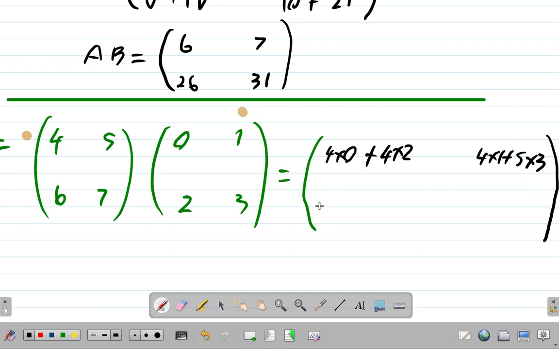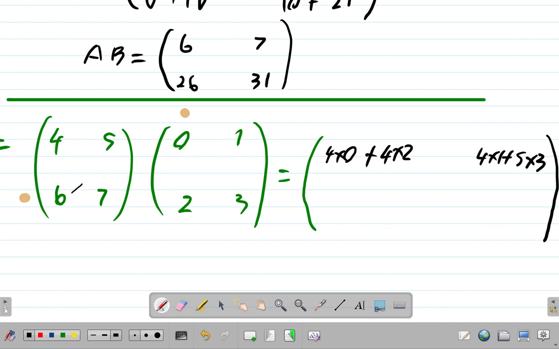Then, here, this is row 2, column 1. We will have row 2 multiplied by column 1. So it's this row times this column. 6 times 0.